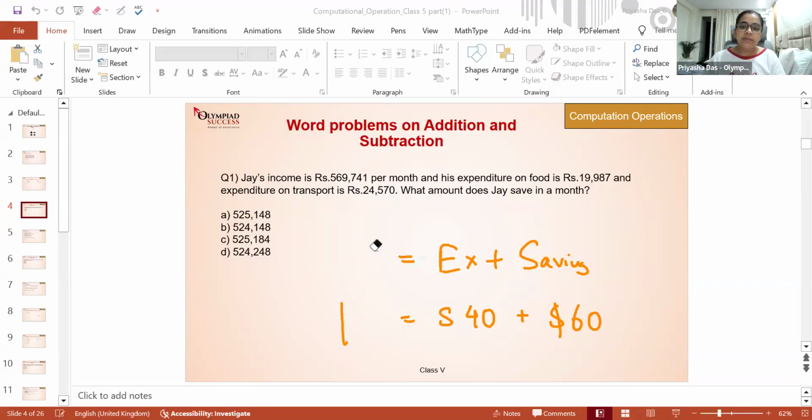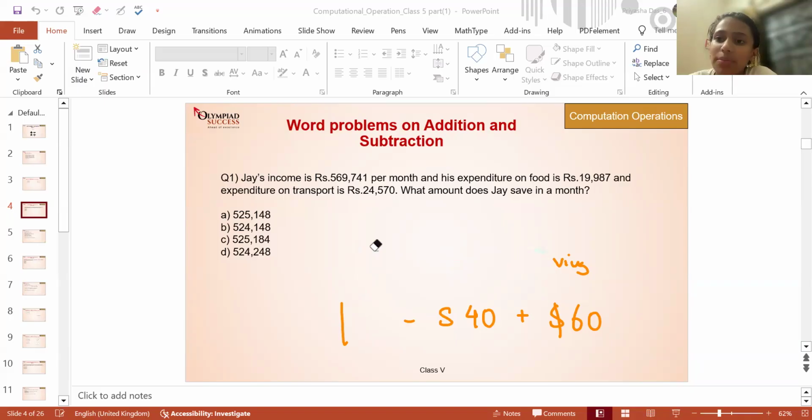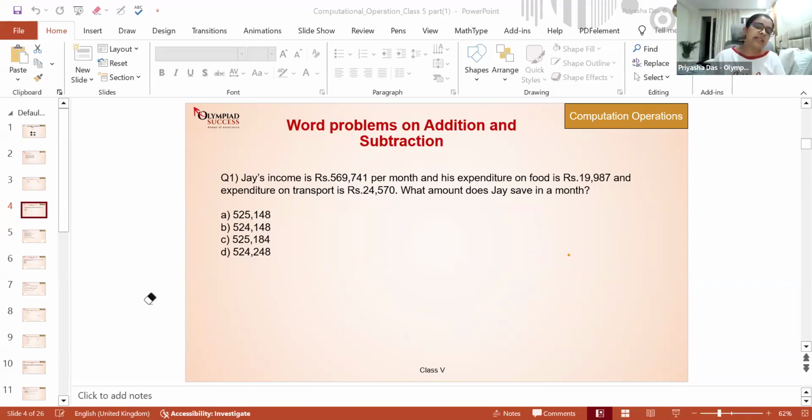What happened, Advika? Ma'am, income is basically the total amount of money you're given. Yes. Expenditure plus savings. Say, Sanya. Ma'am, income means the total pocket money we get, and then expenditure means the money we spend, and then the last, savings.